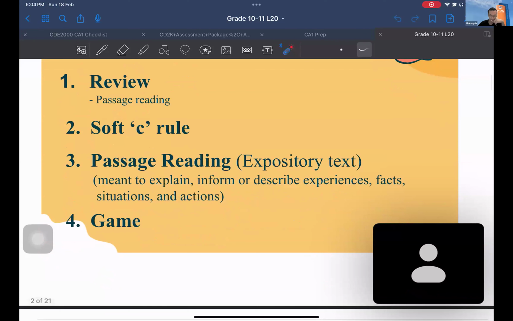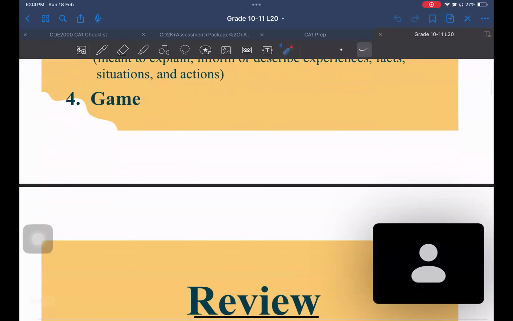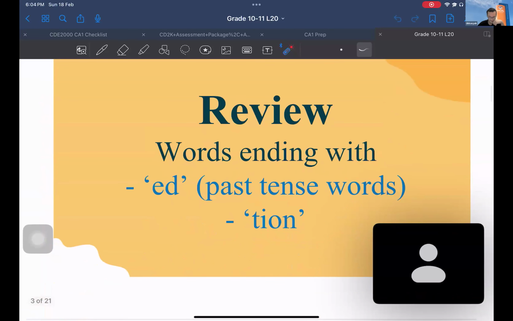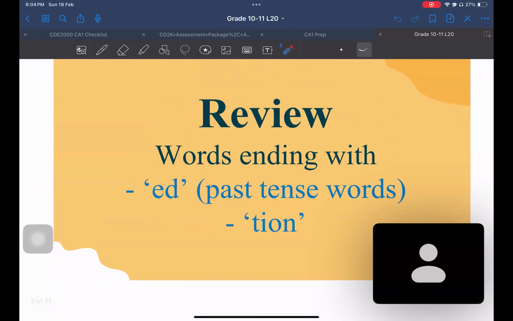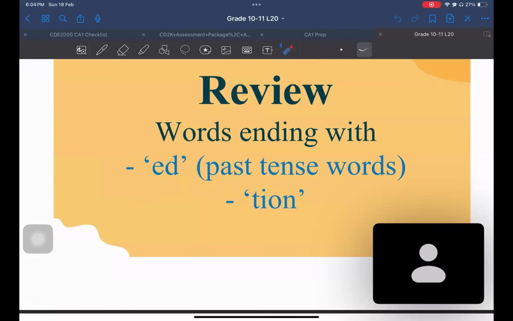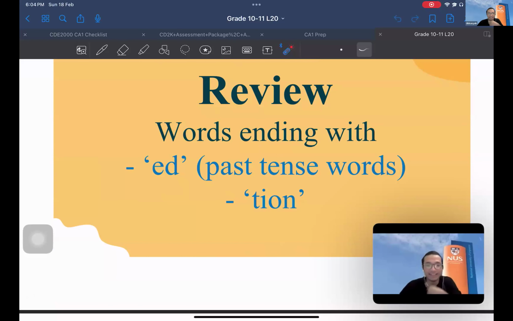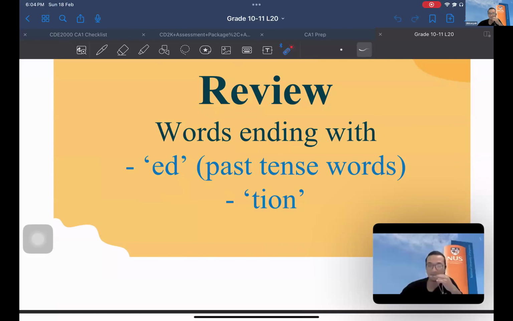Maybe we go for the review. I believe in the previous week's lesson, we went through words ending with ED and TION. So words like entered, or expedition, or explanation, something along those lines.